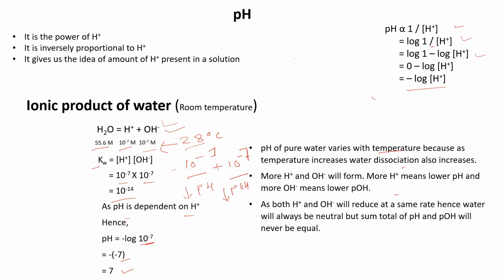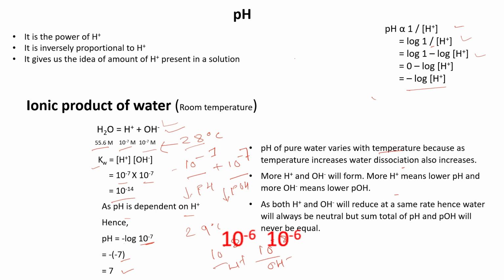Now say for example, if we increase the temperature to 29 degrees centigrade. This is just an example I'm taking. Suppose it became 10 to the power minus 6. So this is H plus, this is OH minus. So H plus also increased, OH minus also increased, but they increased at the same rate. So water will always be neutral.